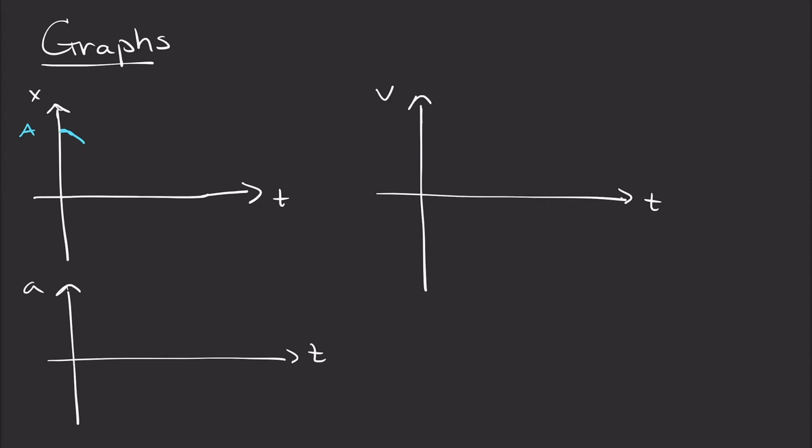So we start up here, and we're going to oscillate. We go down to equilibrium where x equals 0, and then to minus A. Then we come back up, and then back down, oscillating back and forth so it looks like a sine or cosine function.